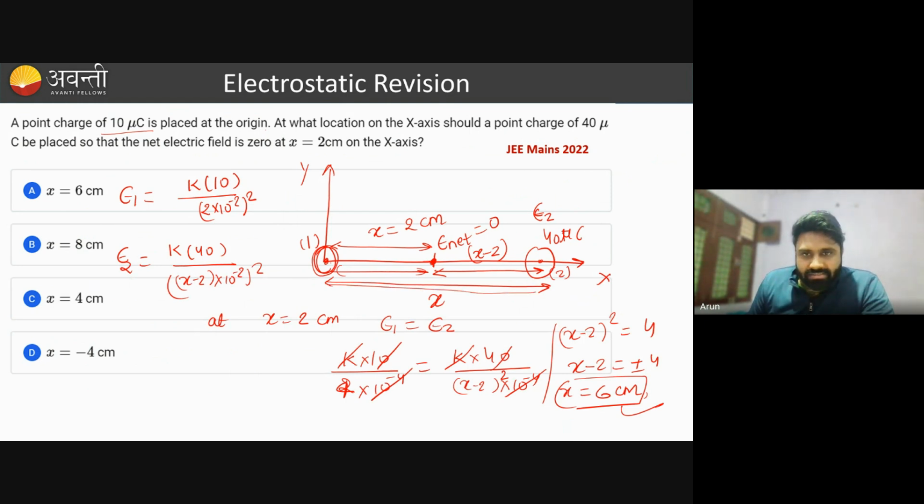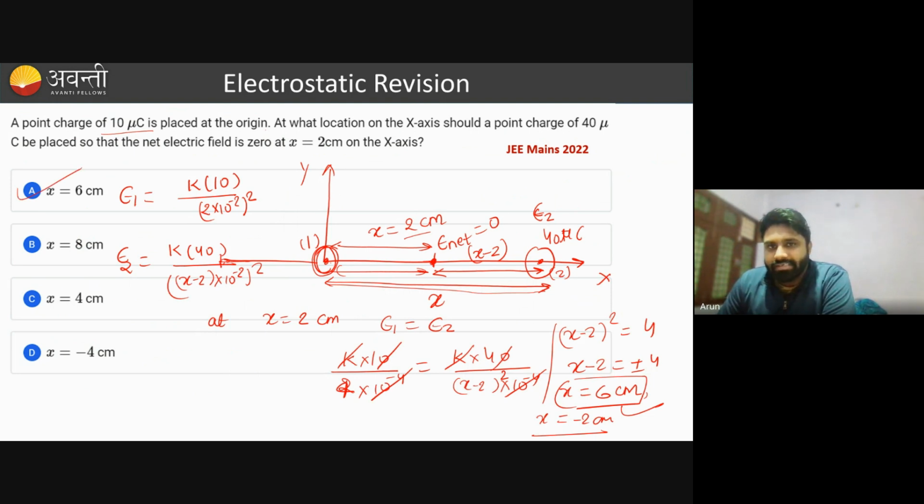If you place this point charge at a distance of 6 centimeter from the origin, you will have the electric field 0 at 2 centimeter. And also at x equals minus 2, if you place it on the left side. But here the given answer is x equals 6 centimeter. The correct option is this.